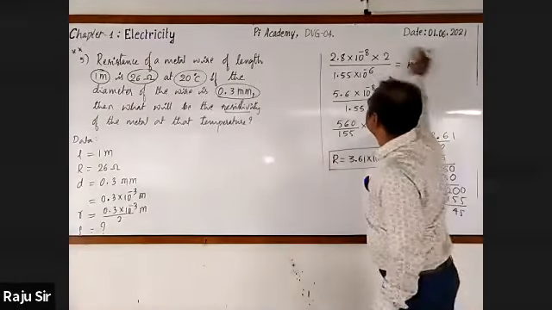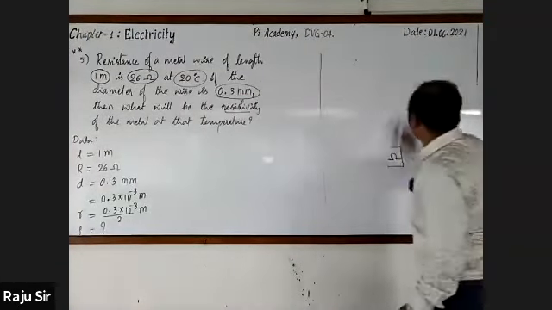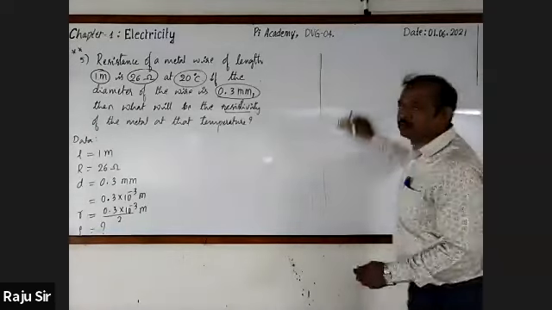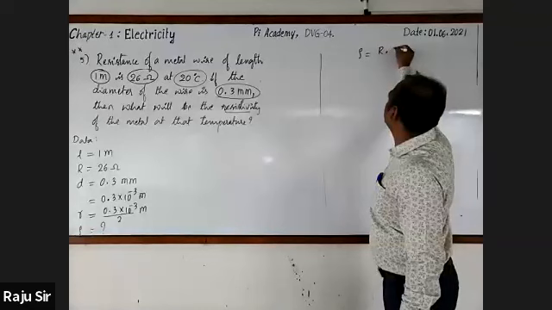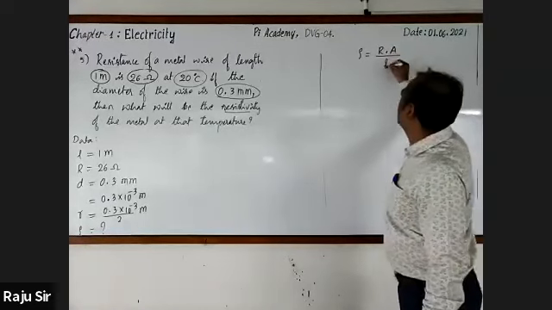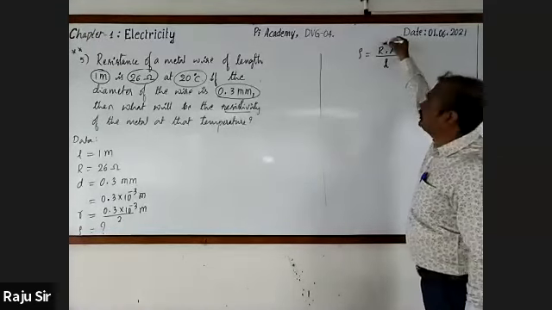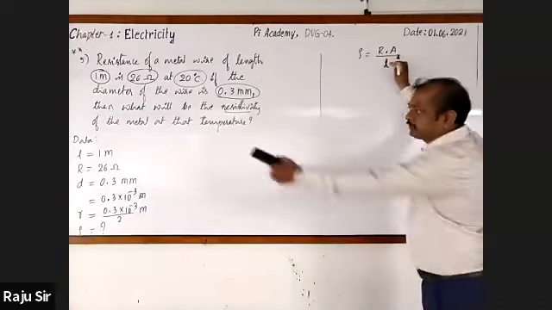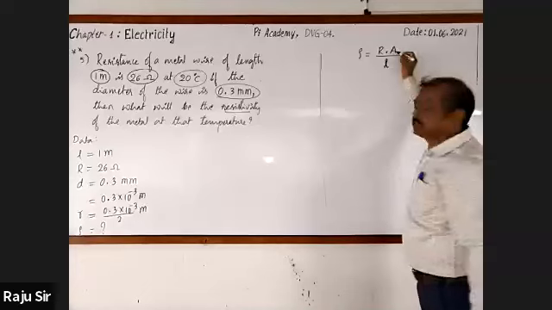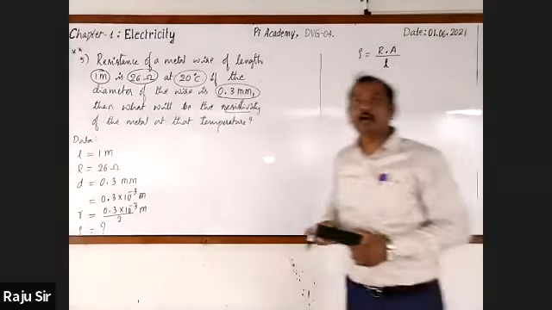To find out the resistivity, we have the formula. Just observe, don't copy. That formula is rho is equal to R into A by L. Observe, in this formula, you know the resistance of the conductor, you know length of the conductor, but area of cross section is unknown.